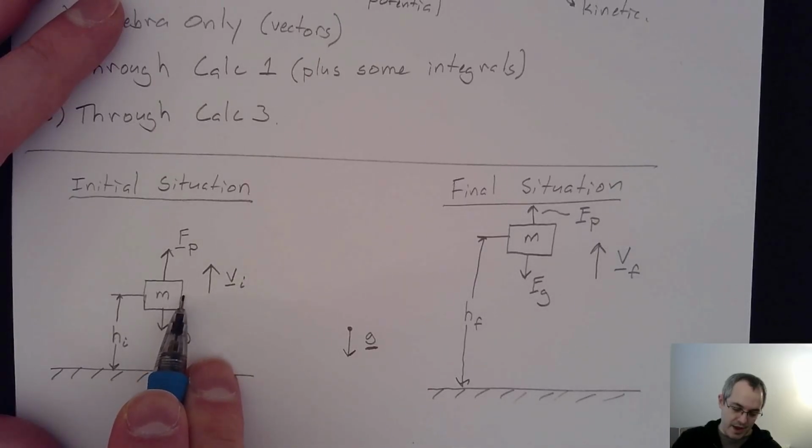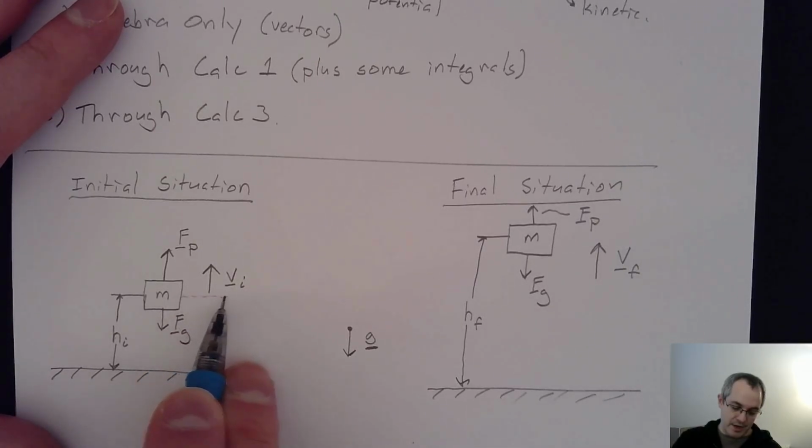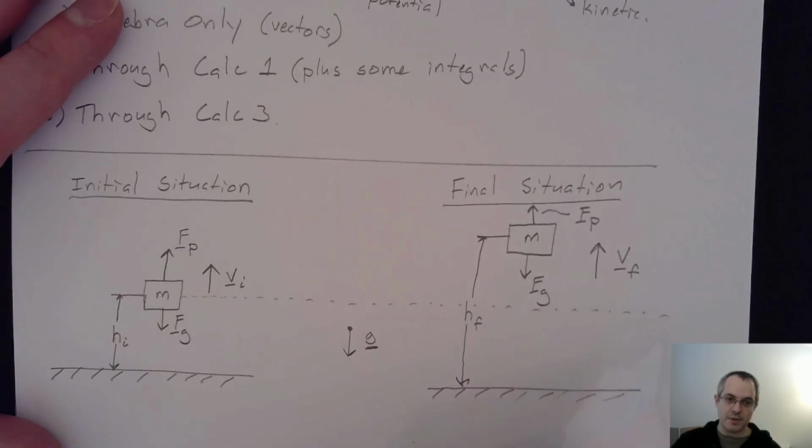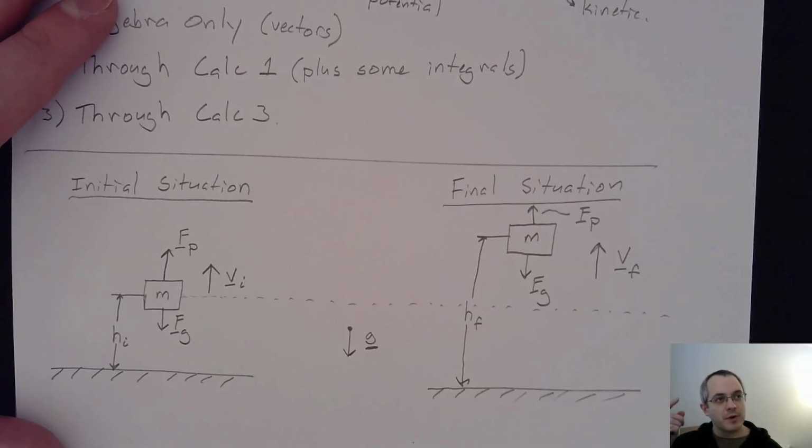Let's draw a line all the way across so that we can see how high up the box has moved, because we're going to need the displacement, right? If you remember when you first started talking about energy, you might have talked about work, and work is the force times the displacement, not just the position, but how much it's moved.